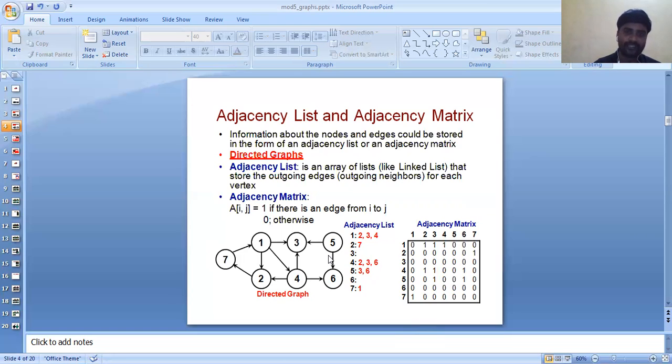The third has nothing, all are away from it. The fourth has two, three, and six. The fifth has three and six, but six doesn't have any connected neighbor nodes.